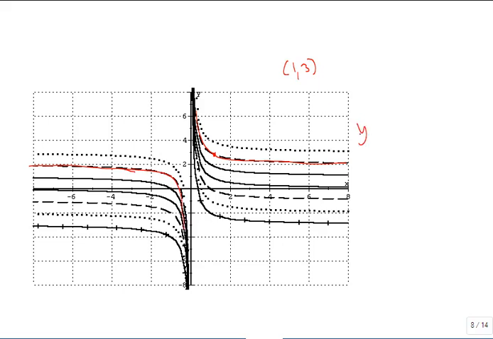And the equation that we got was 1 over x plus 2. So that's the normal 1 over x graph shifted up 2 units. So that's why there should be a nice horizontal asymptote at a height of 2 because of that shift up 2 units. Okay?